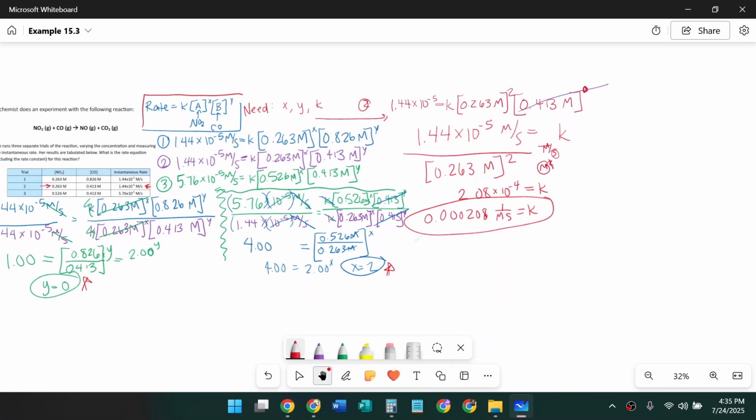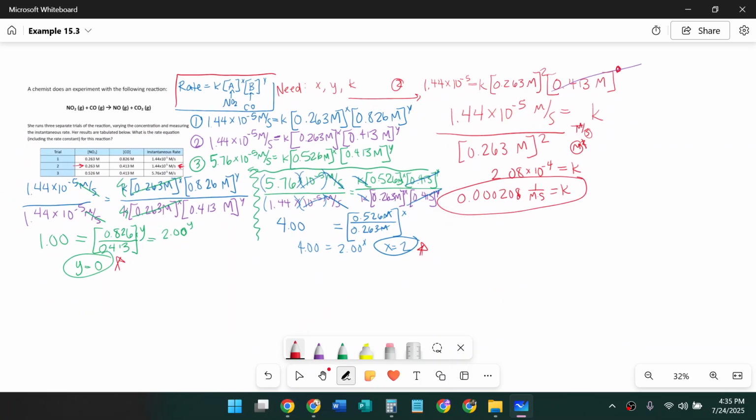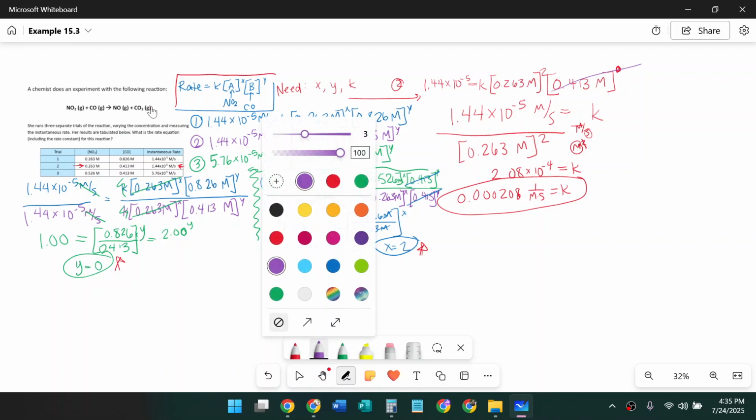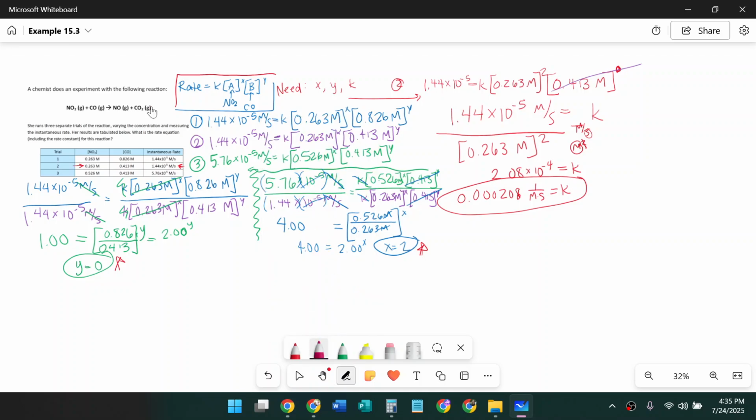So I'm going to point out one thing, and then I'm going to simplify the equation. I'm going to write it big all down here at the bottom. Okay? All right, so my rate equation is rate. Remember, the rate changes based on the concentration, so that's just the word rate. K is important. That's a constant, so 0.000208, 1 over m times s.